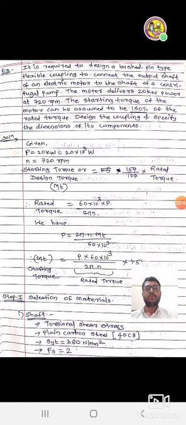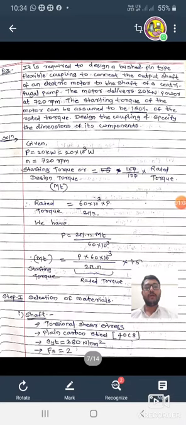So let us start solving this numerical. Given power is 20 kilowatt, that is equal to 20 into 10 raised to 3 watt. Speed N is given as 720 rpm. We know the standard relation: the starting torque or design torque is 150% of the rated torque. The rated torque is given by P equal to 2 pi N Mt upon 60 into 10 raised to 3.